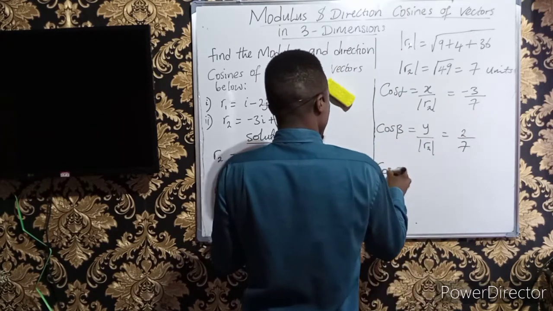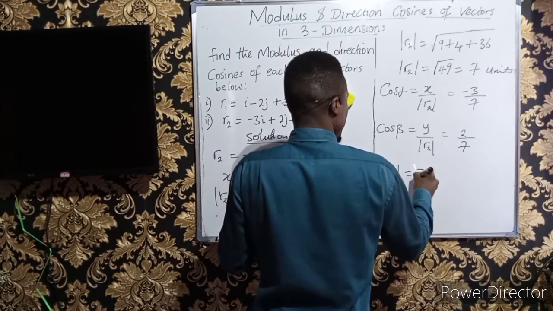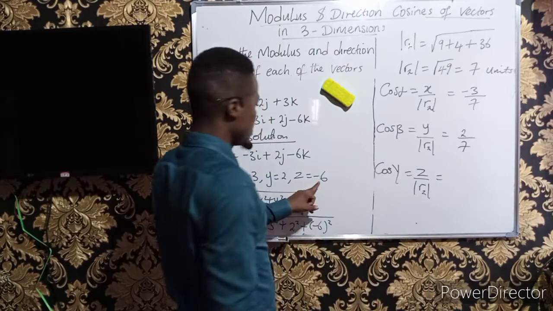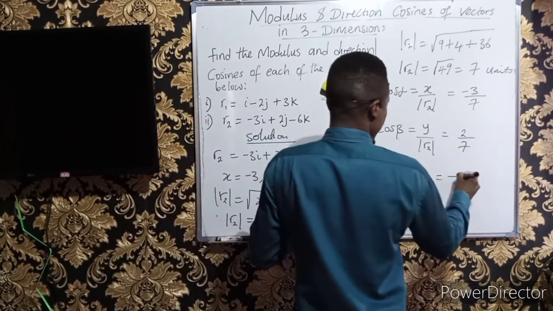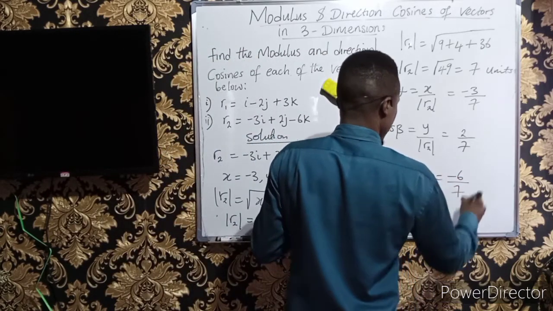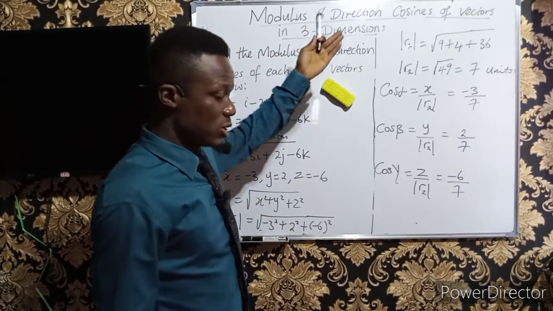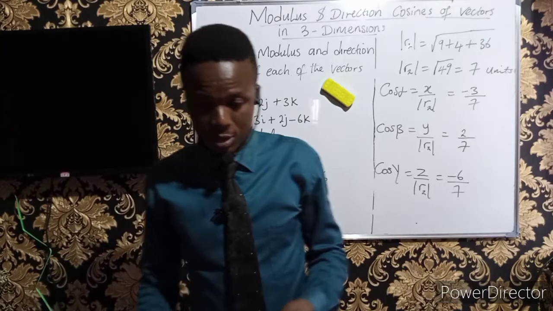Then finally, cos gamma, which is z over modulus of R2, and my z is minus 6, so that gives minus 6 over 7. Okay, so this is how you can get the modulus and direction cosines of vectors in 3 dimensions.